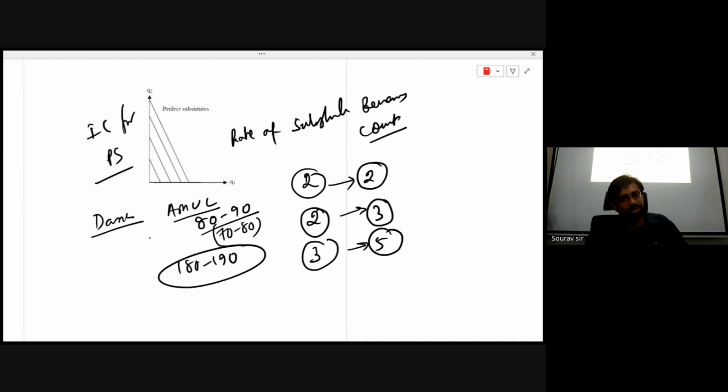So still the story is the same, because Amul is not an elite people's brand. Understand this first, it's like a normal people's brand. You cannot increase the price.